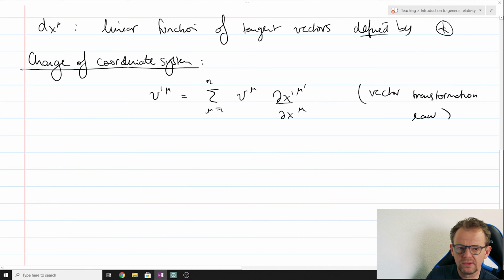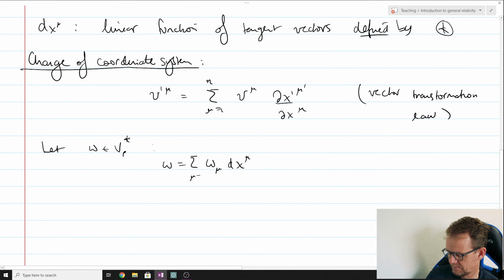So how do the components of a covector, or covariant vector, look with respect to this new choice of basis? So here we go. Let omega be a covariant vector. Because we already have a basis for the vector space V_p induced by these dx^mu's, we can always write omega as a linear combination of these basis vectors.